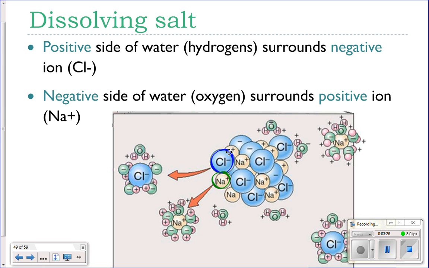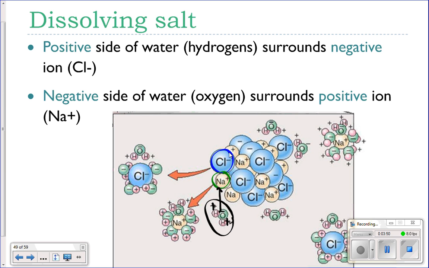So water, okay, here's our little water molecule down here. Water has a negative side on the oxygen, and then it's got a positive side for the hydrogens. So this negative side of the oxygen is going to be attracted to the positive side of the salt molecule, which would be the sodium ion. And so that negative charge will be attracted to the positive charge.